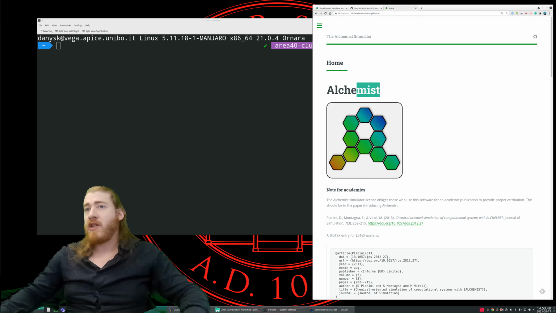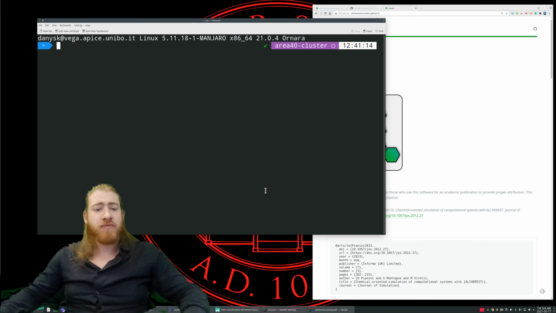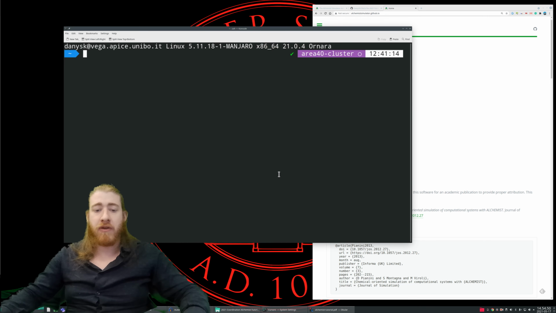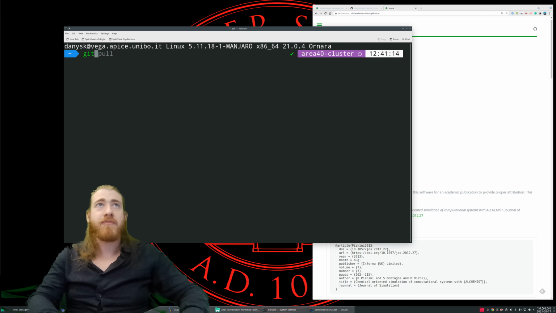So before explaining to you what this simulator does, what it simulates, I'd like you to be ready with the tools for the moment in which we will have the examples to discuss. You don't need much. There are 2 tools that I recommend. One is actually optional. The optional one is Git.